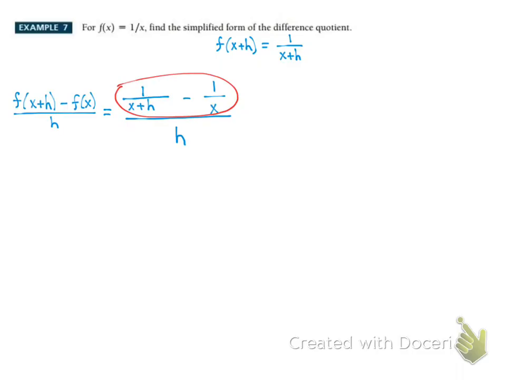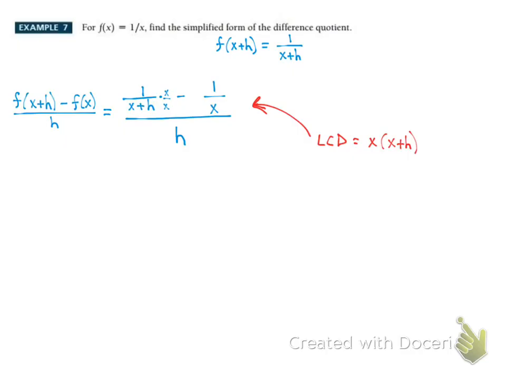To do that, we're going to have to get common denominators between these two fractions. To find common denominators, remember you have to find the LCD. So the LCD in this case will be x times x plus h. So we just need to proceed to get the LCD in both denominators. For the first denominator, all we're missing is the x. So we need to multiply top and bottom by x.